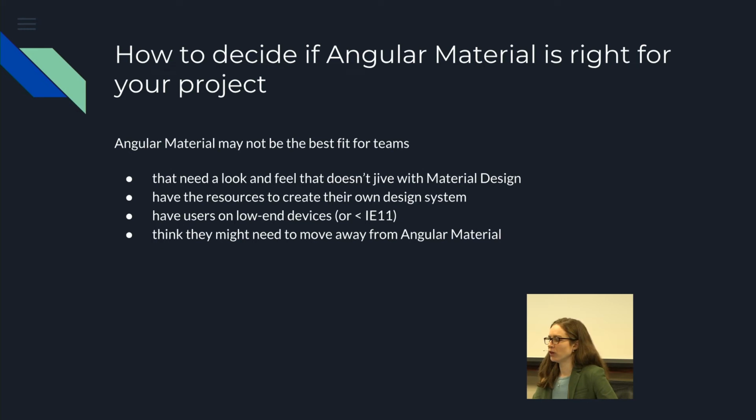Comparing it to doing your own vanilla HTML and CSS, you're writing a lot less CSS when you use Angular Material. A lot of the CSS, even in the example app that I showed, is stuff to get your layout to be correct, so you might be using Flexbox or CSS Grid.